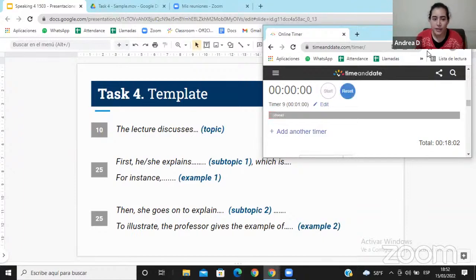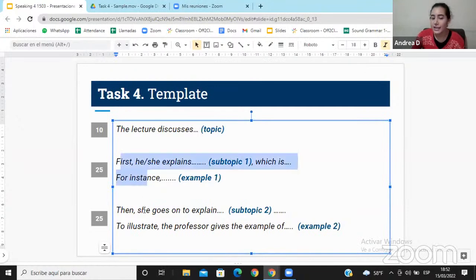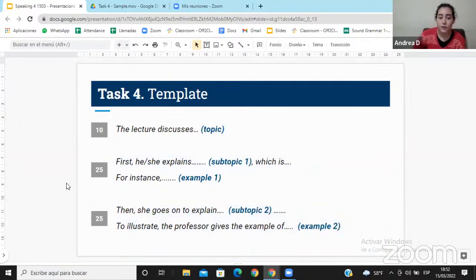Okay, so I tried to manage my time the way that I told you to, 10 seconds, 25 and 25. Try to be balanced, although I think that maybe I spoke too much for the first one and I didn't explain the second one as much, but I tried to make it in time. I didn't have a conclusion. I tried to use the template as well.